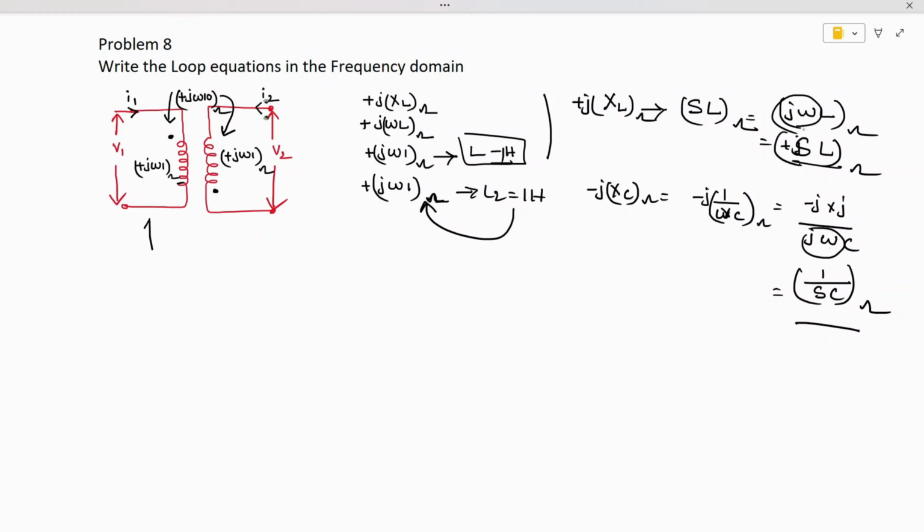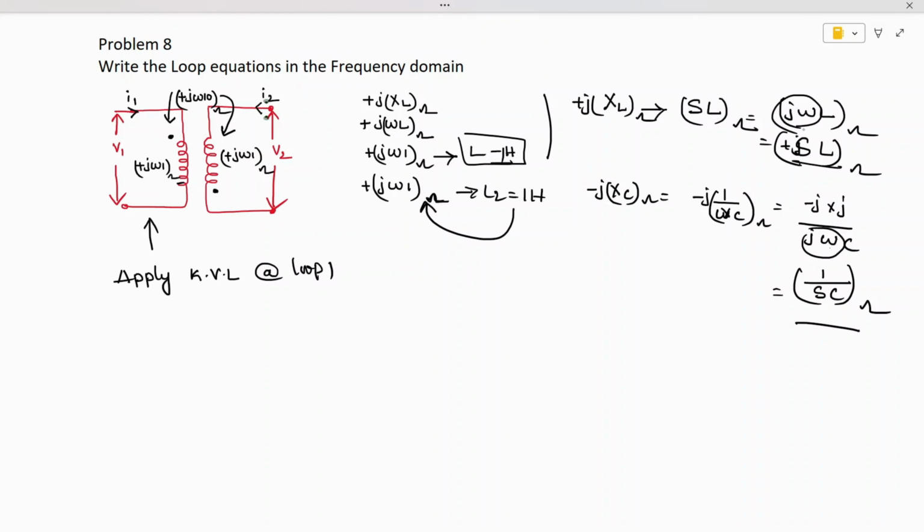So in order to do it, let's try to apply KVL, Kirchhoff's voltage law, at loop 1. So when you are applying Kirchhoff's voltage law at loop 1, let's see here.